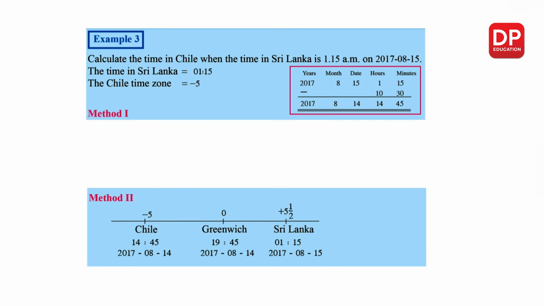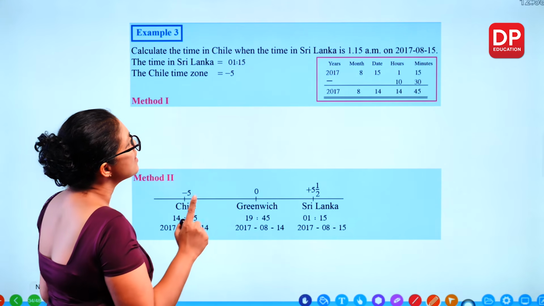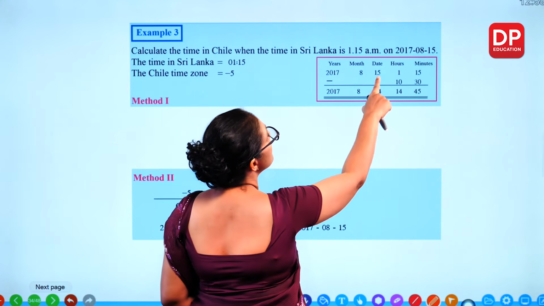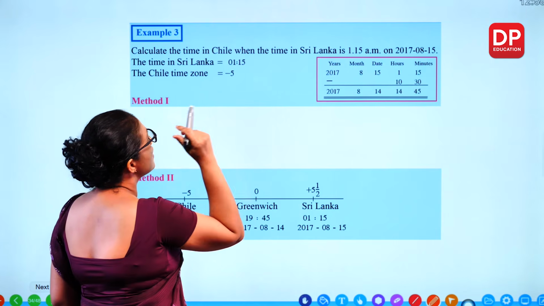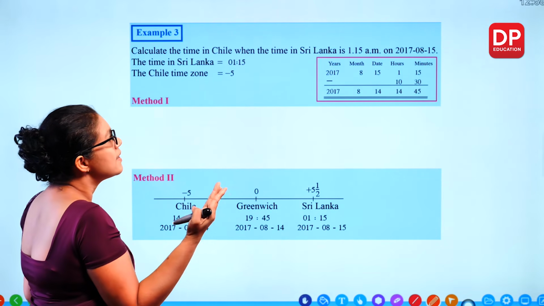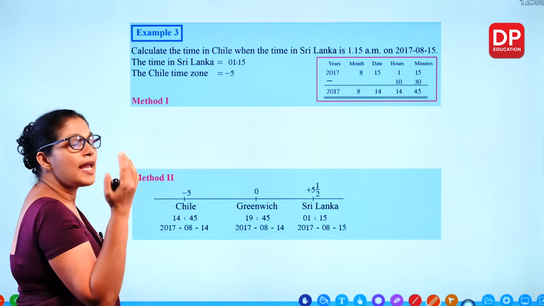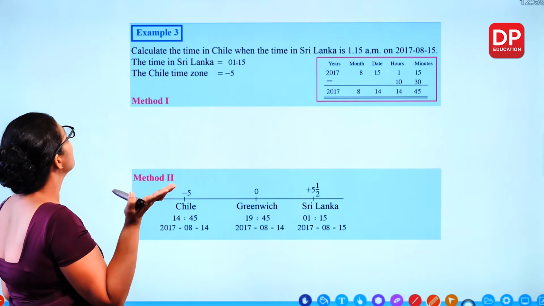Example number 3. Calculate the time in Chile when the time in Sri Lanka is 1:15 a.m. on 2017, 8, 15. So that's 1:15 a.m. So what's the standard time? This is 1:15 a.m. That's the standard time.